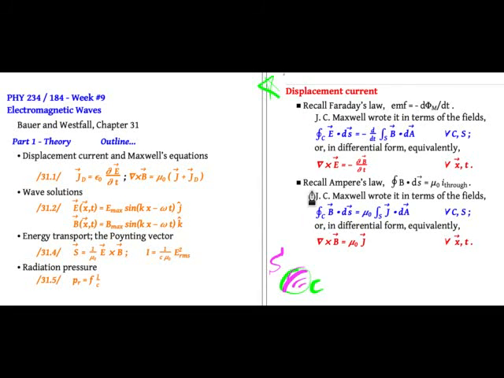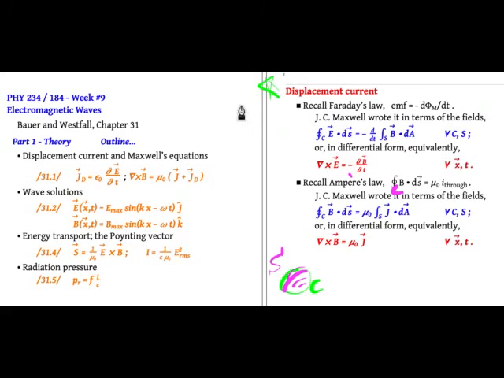Now recall another topic, Ampere's law. Ampere's law says that the circulation of B around a curve is equal to mu naught times the current going through the curve. In other words, going through the surface bounded by the curve.